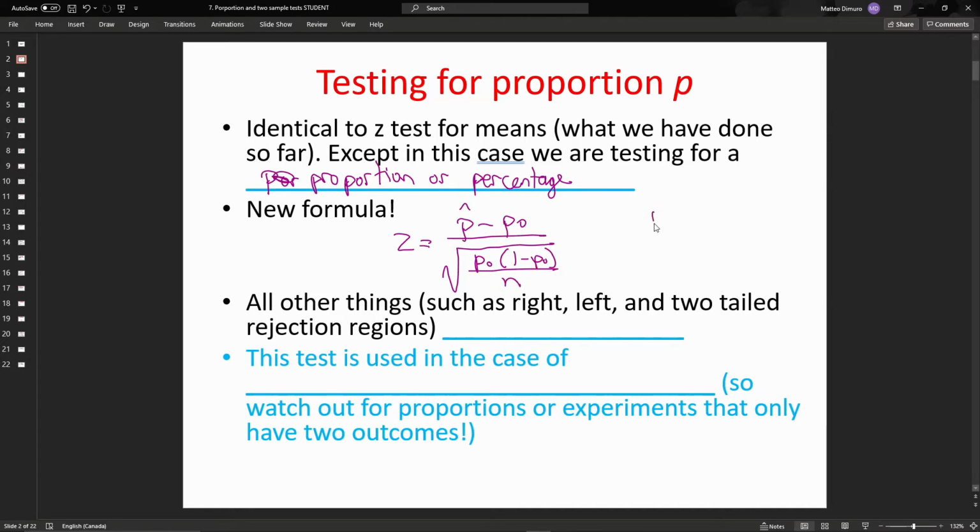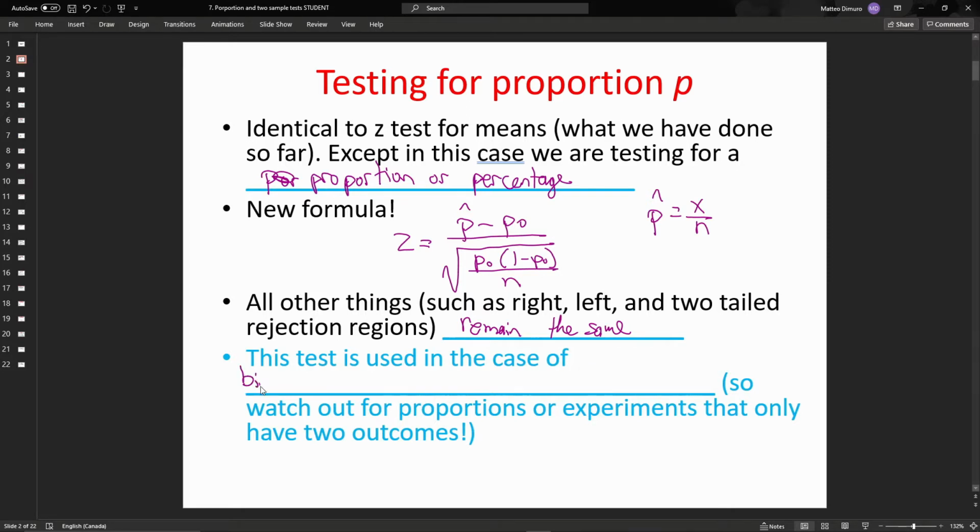Now, p hat is calculated as x divided by n, so you'll be watching out in the question for some sort of percentage, like 23 out of 50 people surveyed, whatever, something like that. Everything else is going to be the same as far as right, left, and two-tailed rejection regions, so they remain the same. And this test is used in the case of a binomial hypothesis testing.